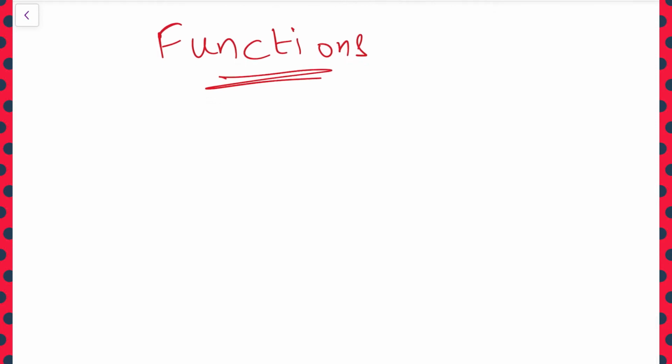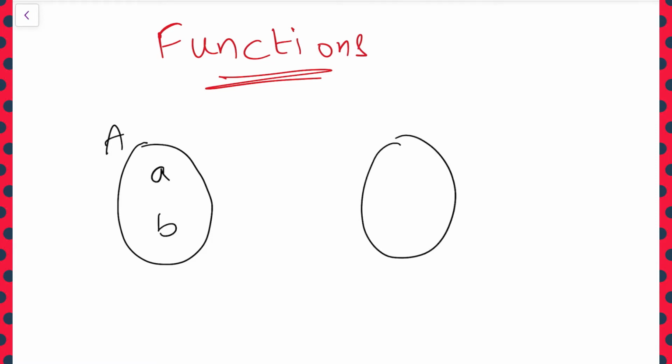So let me take a nice example. In set A, we have elements a, b. And in set B, we have elements 1, 2. This a is connected to 1 and this b is connected to 2. So, what is a function?